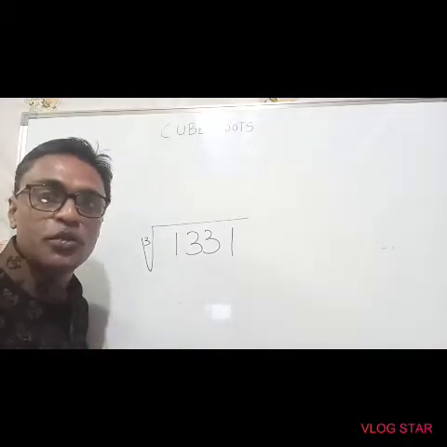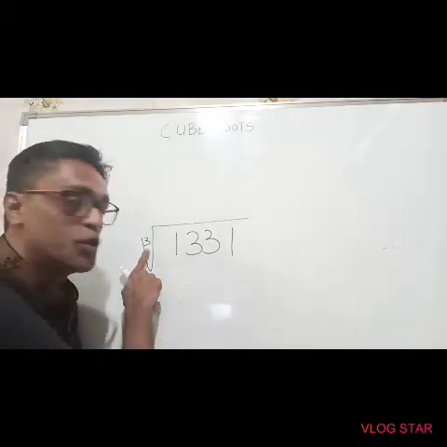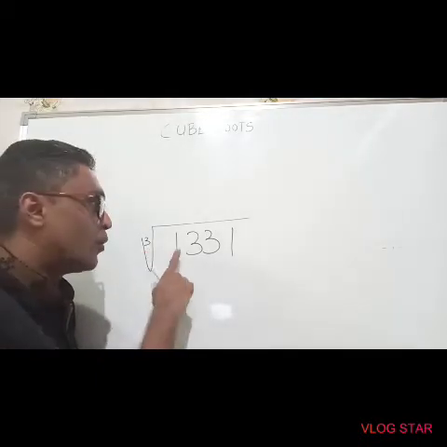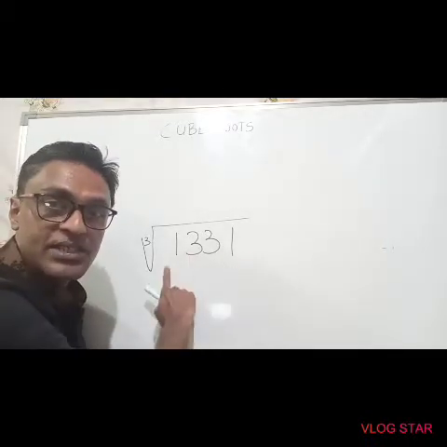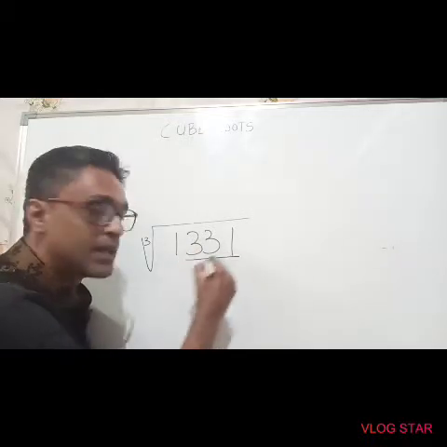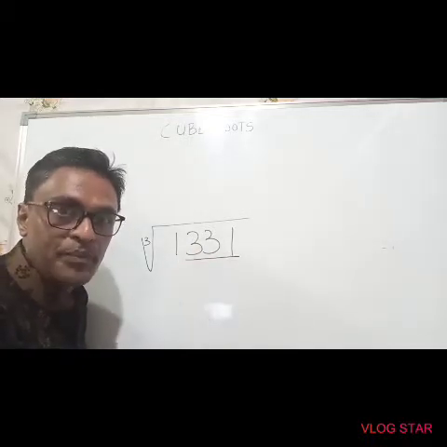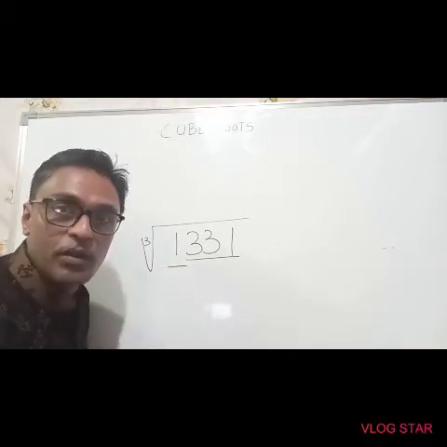You want to calculate the cube root of 1331. Whatever the number of digits you have here, 4-digit number, 5-digit number, 6-digit number, 10-digit numbers or 100-digit numbers, always the last 3 numbers you have to make one group. Always the last 3 numbers is one group and the left side number is one group.